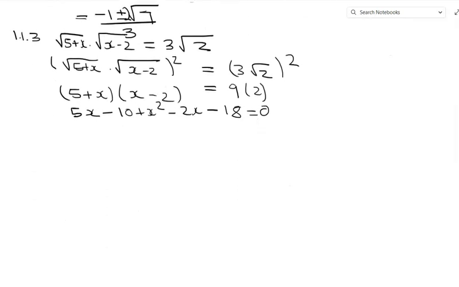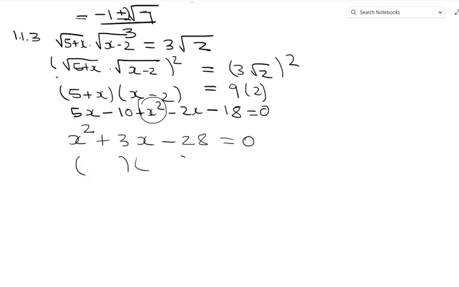So now we have x squared, which is this one, and then we have 5x minus 2x, this is 3x, then we have negative 10 and negative 18, which is negative 28, and this is equal to 0.